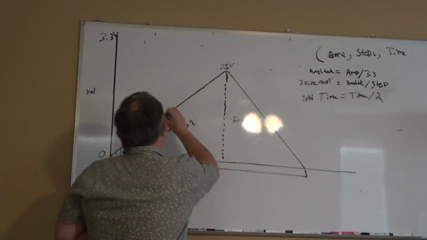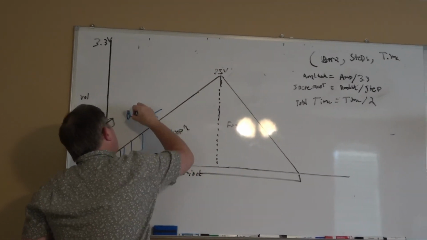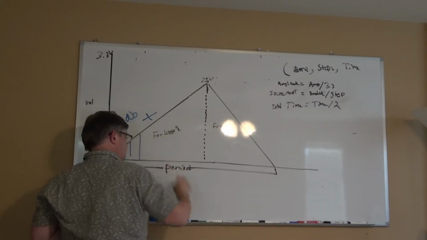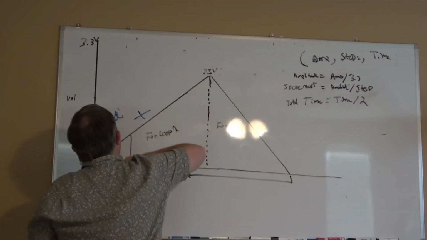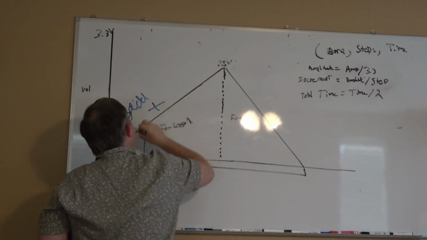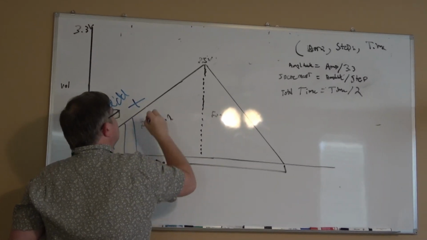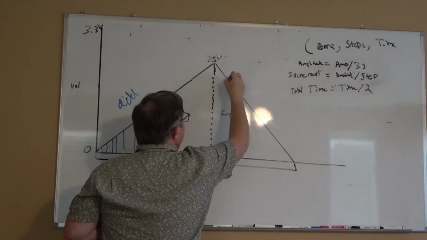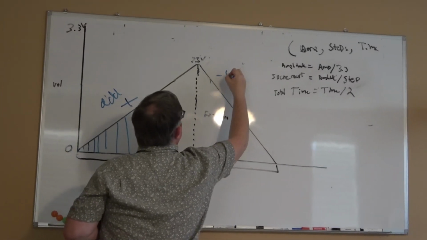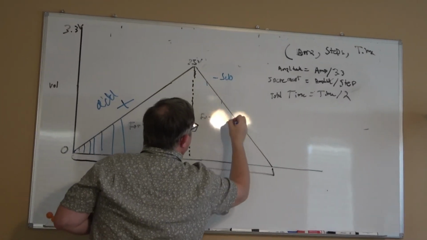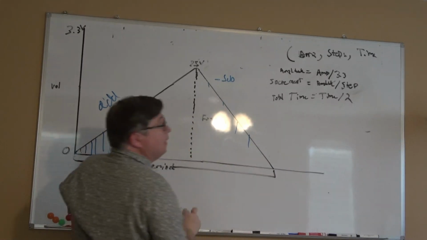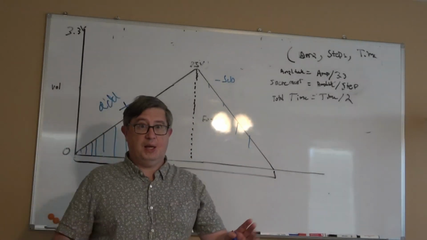So right here we add the increment to the loop, and right here we subtract in the second loop. Okay? Does everybody understand that?